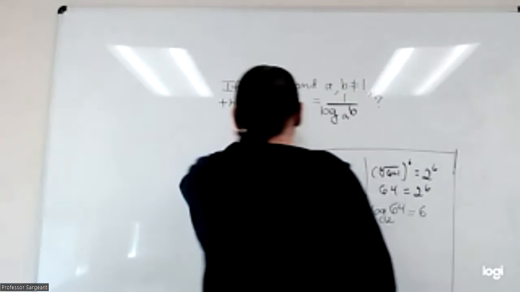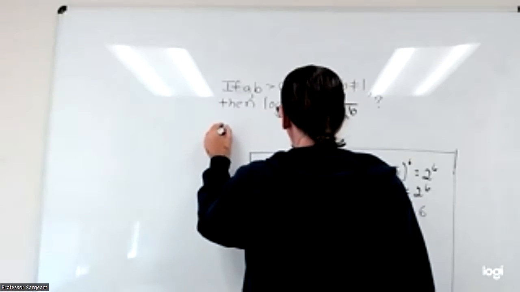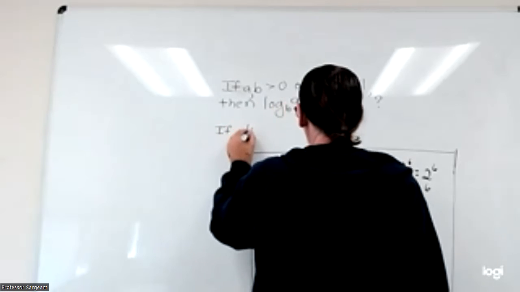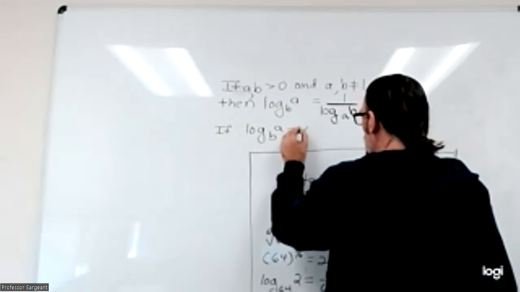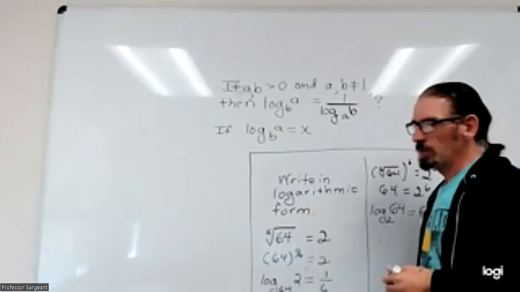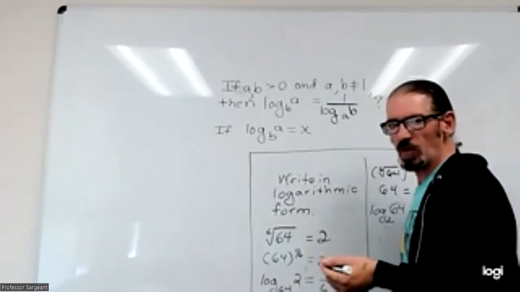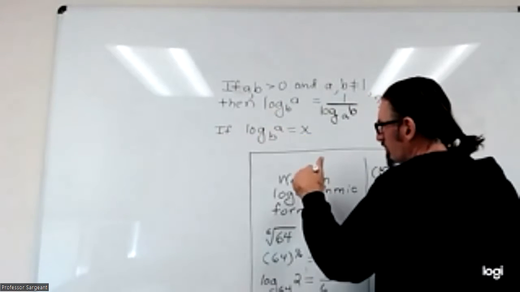So let's start off with this. Log of A in base B, call that x. Then by definition of logarithms, the answer to the logarithm is an exponent.